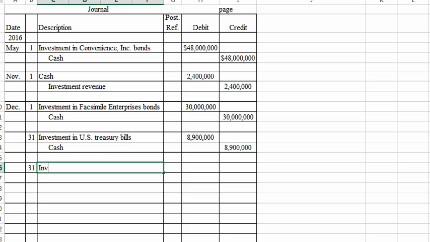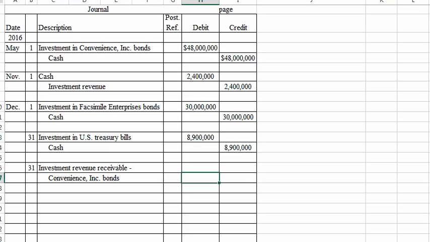We'll call that investment revenue receivable, dash Convenience Incorporated bonds.